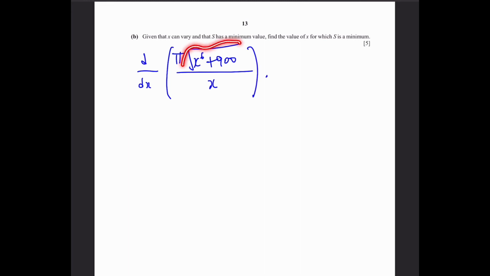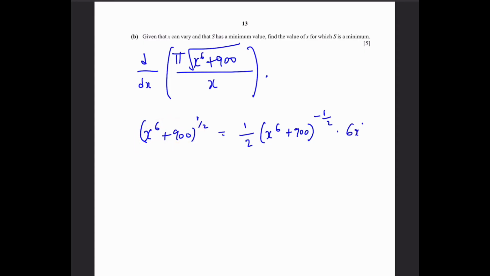But first we need to find a derivative of root of x to the power 6 plus 900. So if you find the derivative of this, it is the same thing as the square root, if we add power 1/2. So that'll be, using the chain rule, half times x to the power 6 plus 900 to the power of minus half times the derivative of the inside function, which is 6x to the power 5.